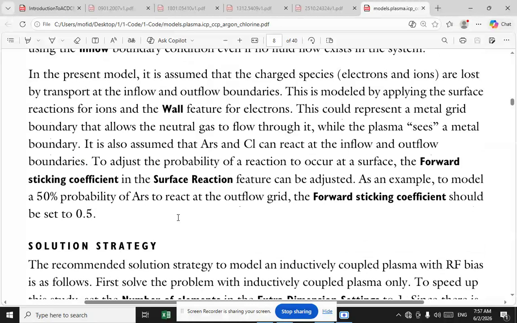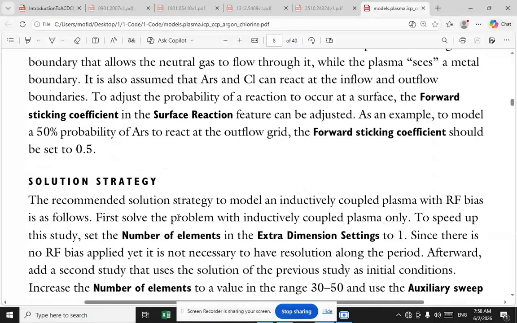It is also assumed that the argon and chlorine can react at the inflow and outflow boundaries. To adjust the probability of reaction occurring at the surface, the forward sticking coefficient in the surface reaction feature can be adjusted. As an example, to model a 50% probability of argon reacting at the outflow grid, the forward sticking coefficient should be set to 0.5.